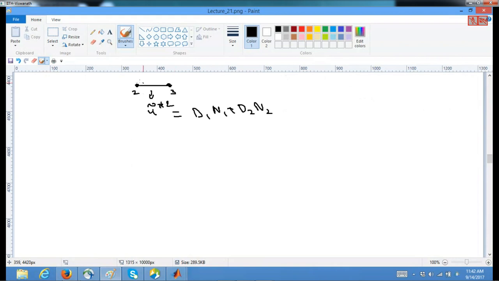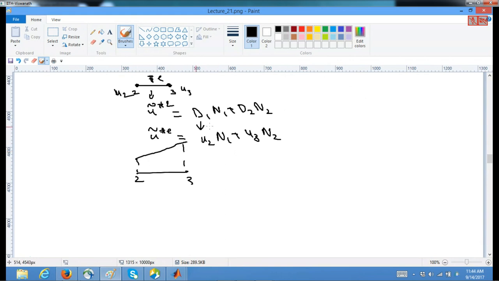For element 2, the degree of freedom at this node is nothing but u2, and the degree of freedom at this place is u3. So u2 n1 plus u3 n2 is your approximation. That means how the displacement varies in the second-third element. It can be some linear function because I have only two nodes, so at most I can fit a linear curve. So this is u2, this is u3.